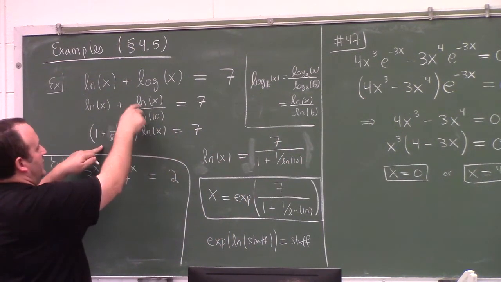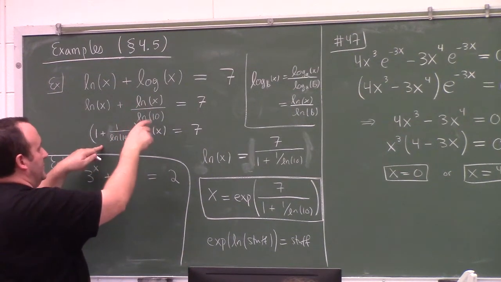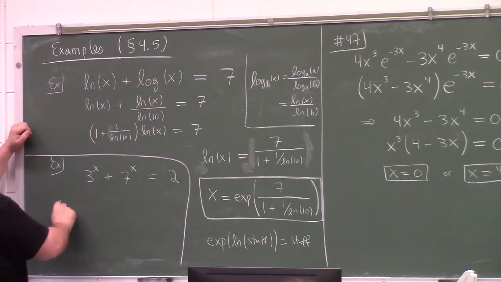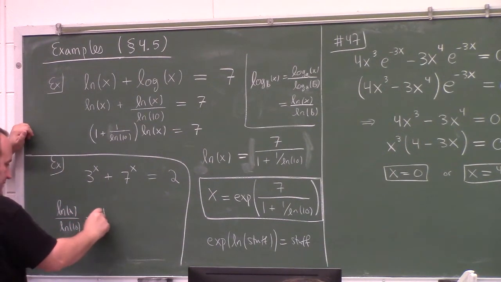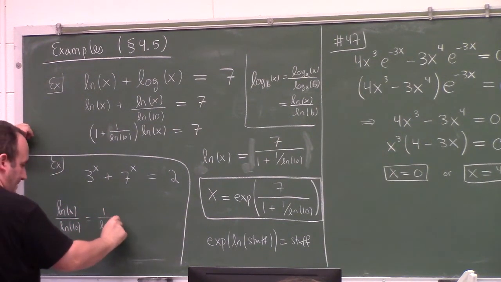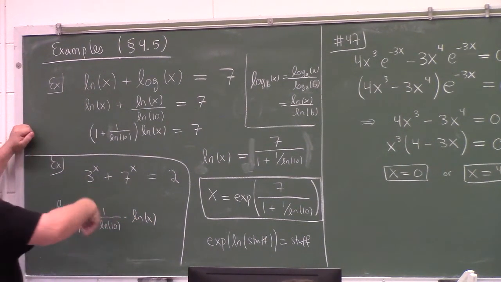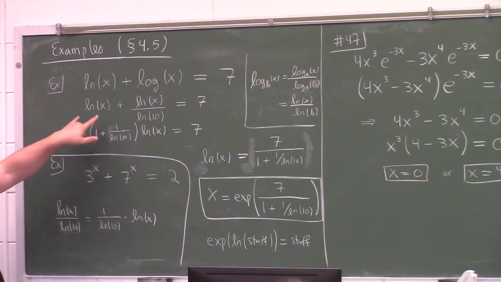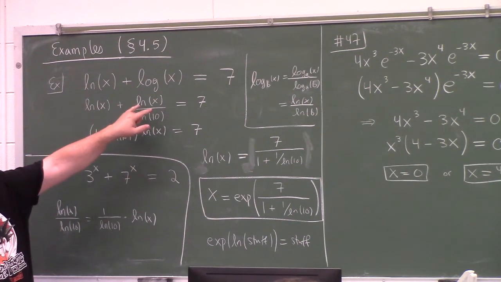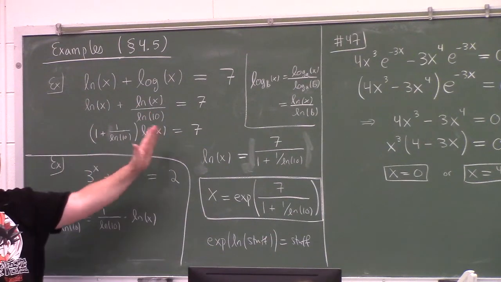This is 1 over log 10 times ln of x, like ln of x over natural log of 10 is equal to 1 over log 10 times the natural log of x. So that's just a number. So this is 1 times natural log of x plus 1 over log 10 times natural log of x. I just factored log x out.